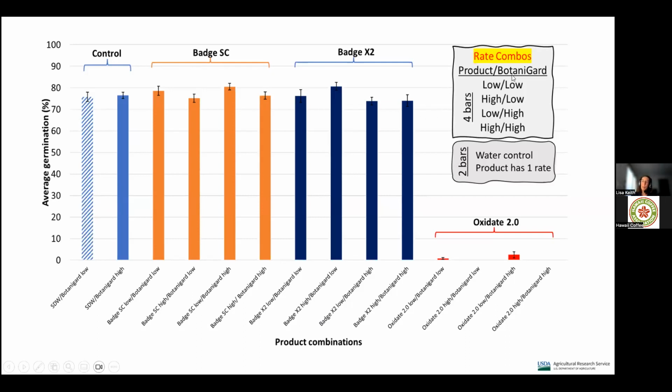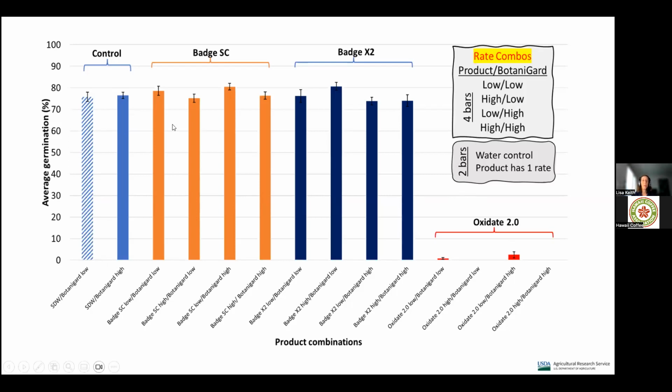So the rate combinations, what you're looking at with these graphs are the product and Botanigard. If there's more than one rate on the label, it would be the low and the high rate of the product, and then the low and the high rate of Botanigard. So those 4 combinations. If you see only 2 bars, for instance with the control, it's either the water control or the product only has 1 rate on its label.